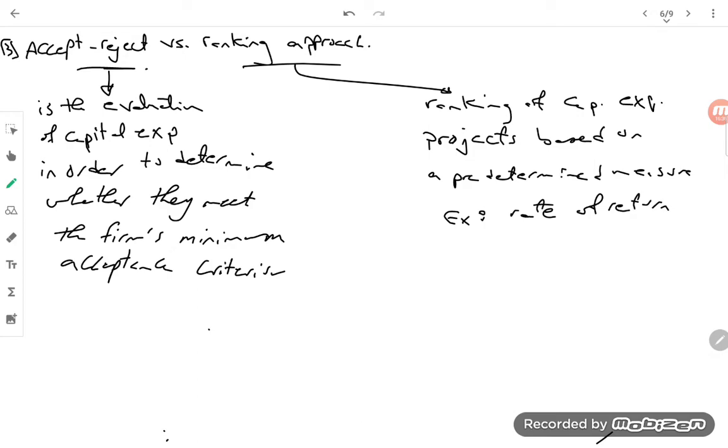So in case of accept or reject, you have to take a decision based on the minimum acceptance criteria, whether we are going to accept or reject this project. While with respect to ranking, we have a number of projects and we are going to rank them based on a predetermined measure. We have to determine which measure we are going to use. For example, we can use the rate of return. So we are going to rank them from the highest rate of return to the lowest one, or vice versa, or maybe based on the cost of capital, etc.